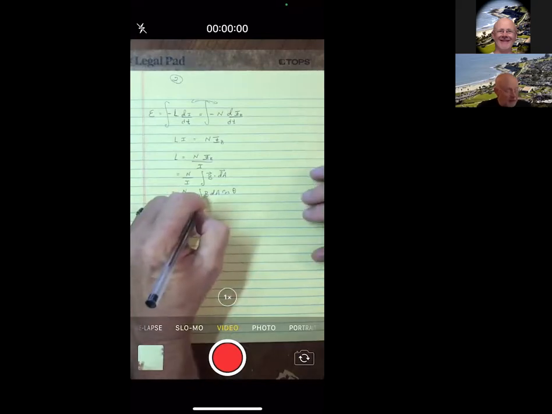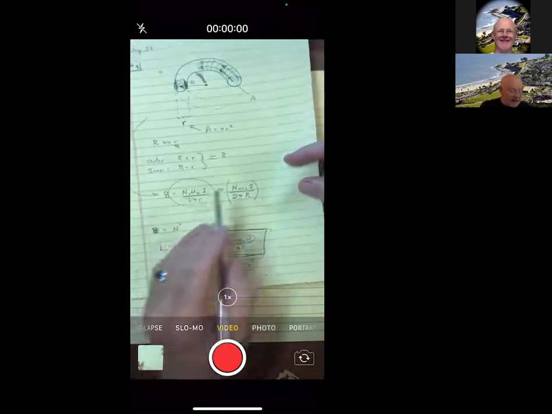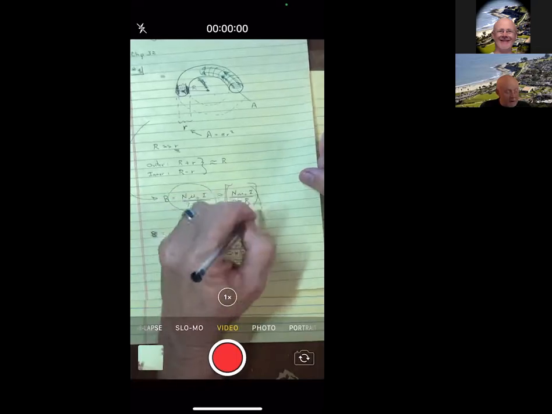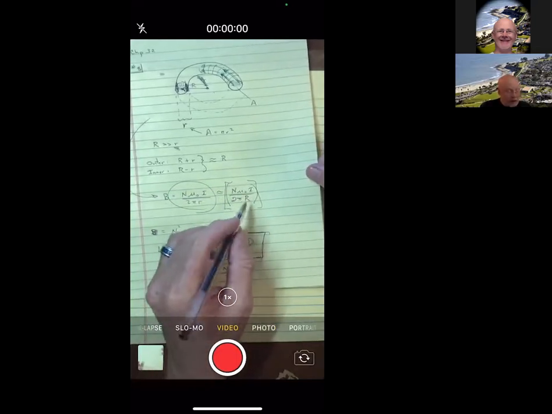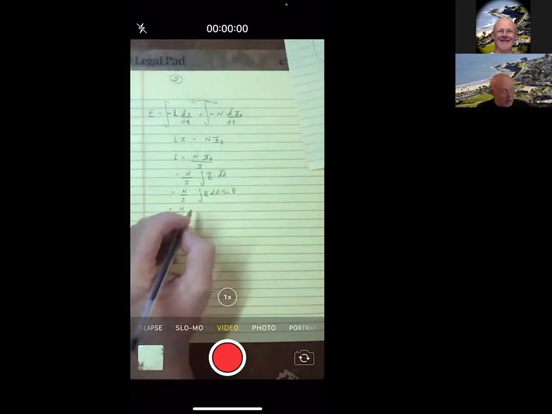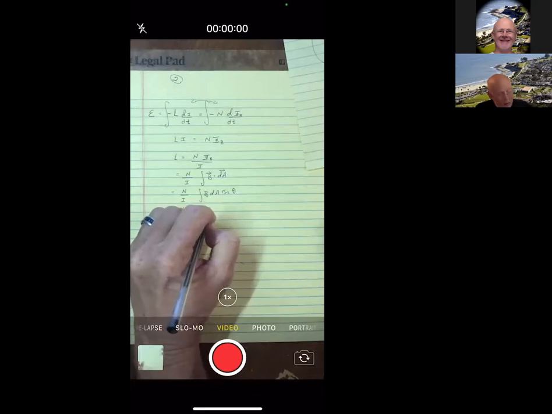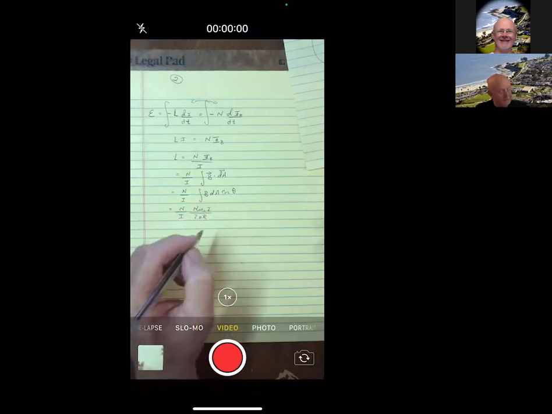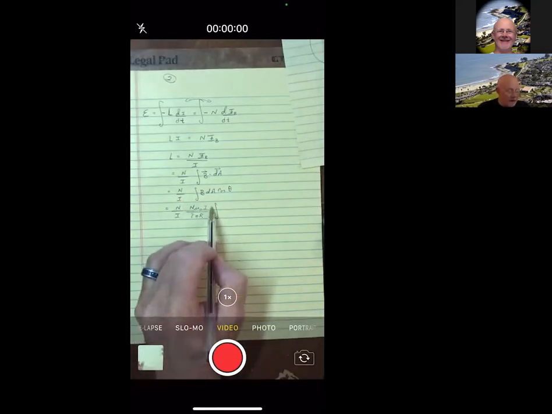The first one is I could say that the magnetic field is roughly this number and is a constant. So I'll pull that out in front and go N mu I over 2 pi R. So here's the integral.